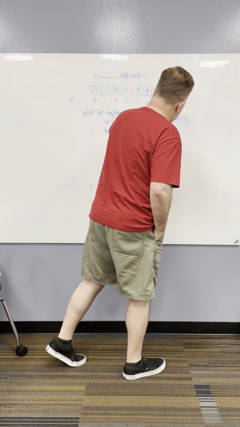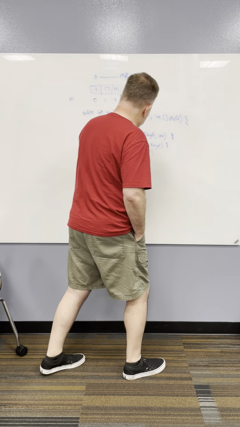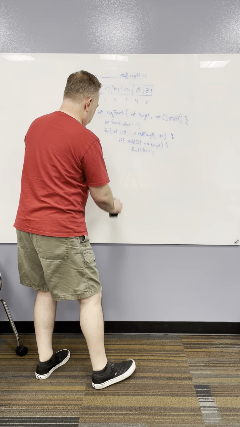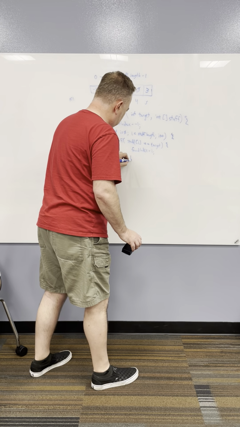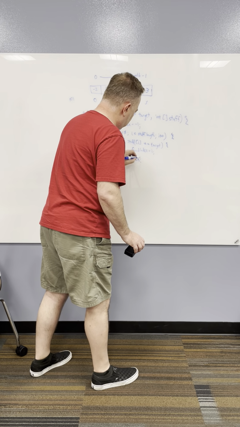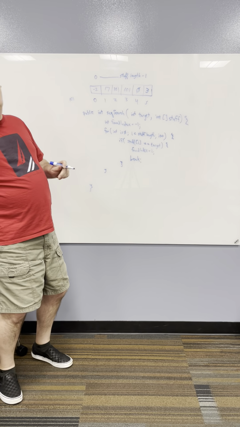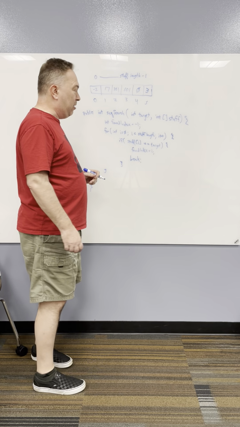I'll give you a freebie. In Java, I'll add these braces for clarity. There's this keyword break. Basically, what that'll do is break you out of a loop, just forcibly, you're out.